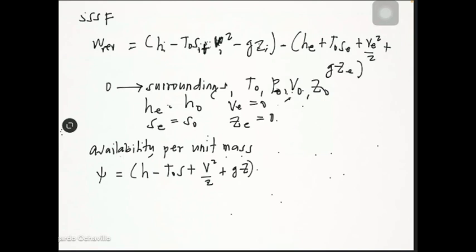So the work reversible, this is the maximum, is U minus T0 S minus U0 minus T0 S0.